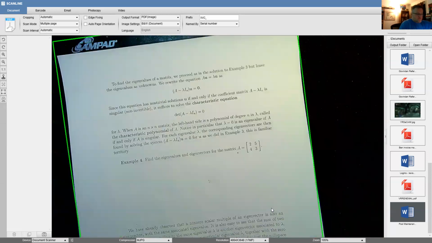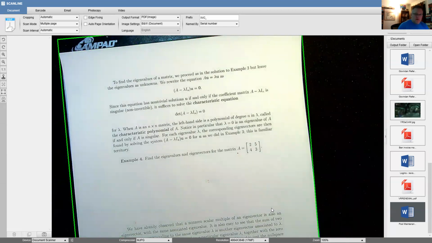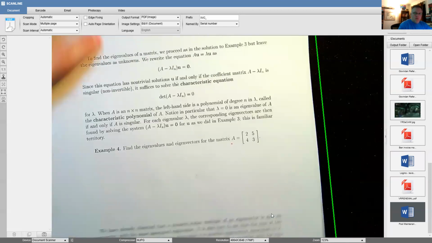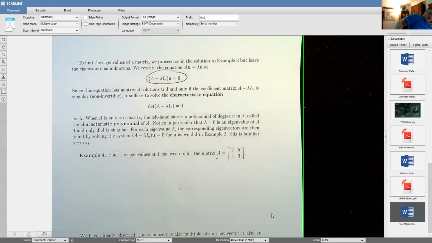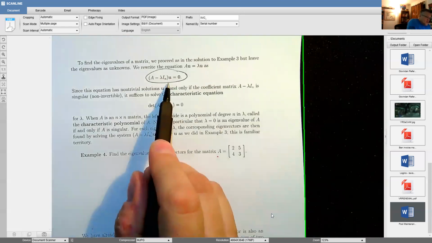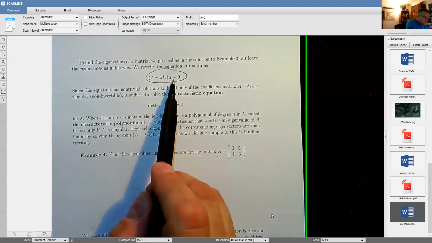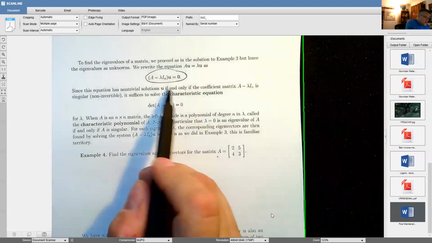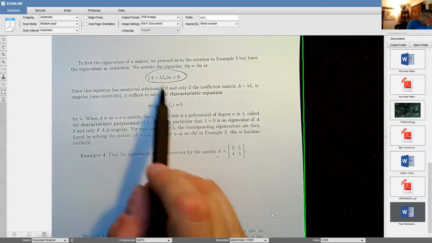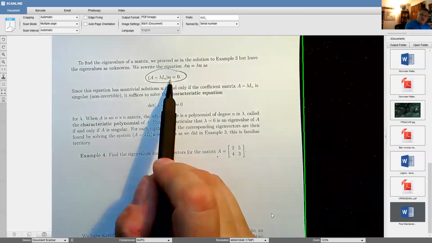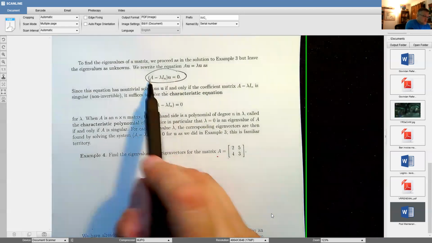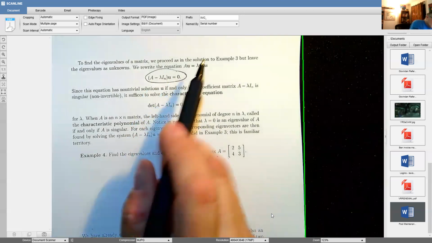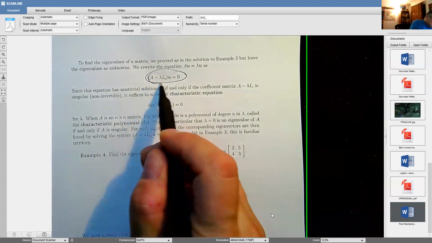All right, so in our workings so far, we came up with writing that out, right? And so we use that system to find the eigenvectors. Now notice though, that only had non-trivial solutions when this matrix was not invertible.